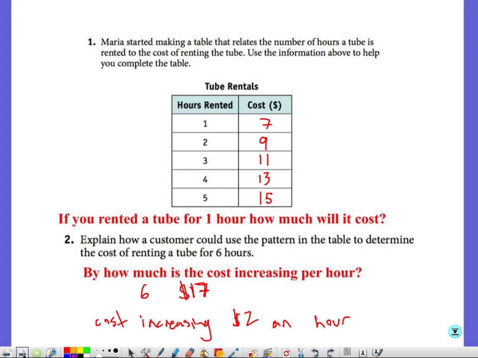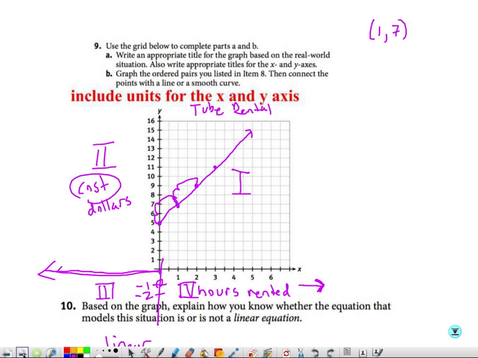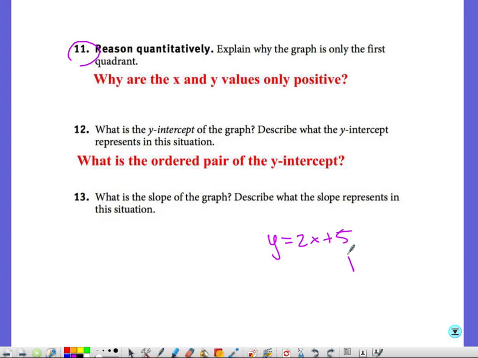So we can determine what the y-intercept is going to be, which in this case is going to be 5.